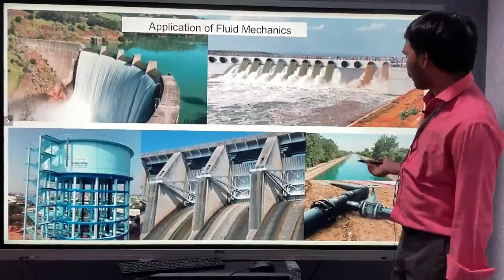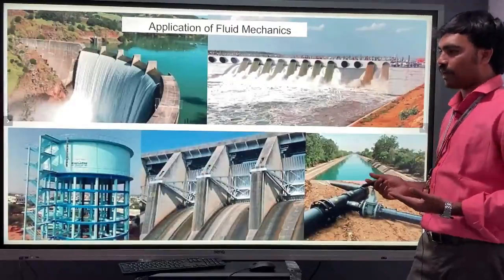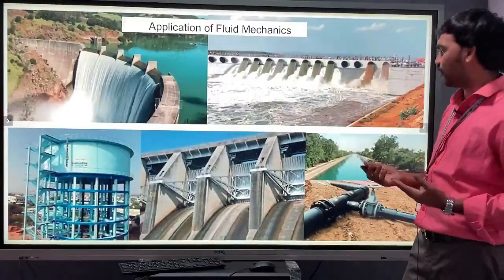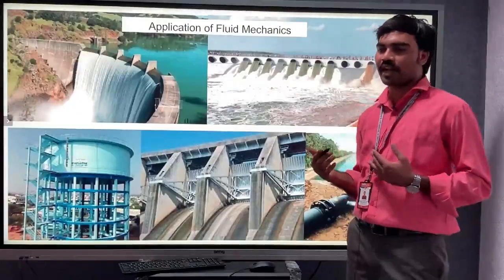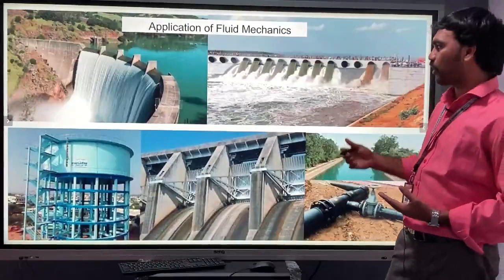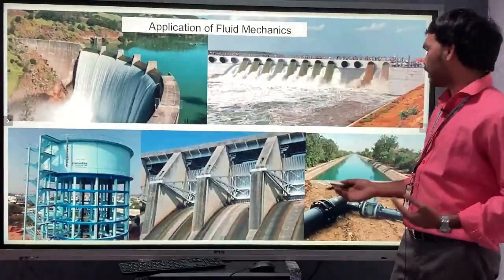For example, water is essential for our daily life, and in most cases we may not get water directly from groundwater. So we have to channelize the water, right? The water has to come from the nearby river basin to our homes. We do that by constructing canals.